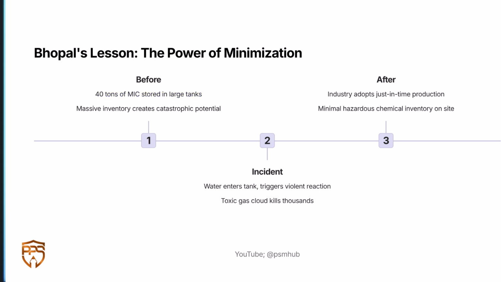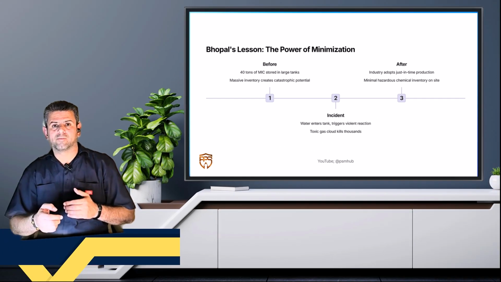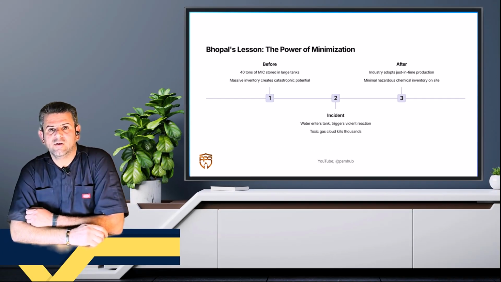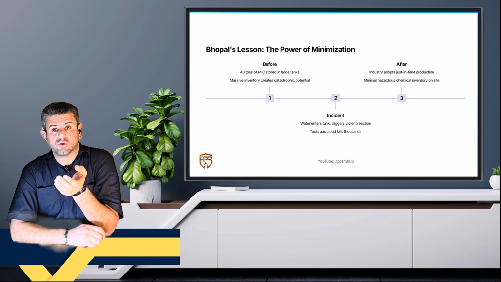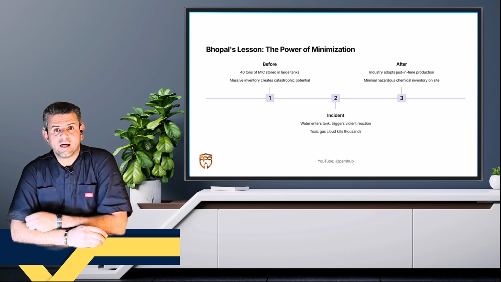When water accidentally entered one tank, a violent reaction overpressurized it, and a massive toxic gas cloud rolled into nearby neighborhoods with devastating effects. An inherently safer approach would have been to avoid storing such a large inventory of methyl isocyanate at all. In fact, after Bhopal, many companies did exactly that.